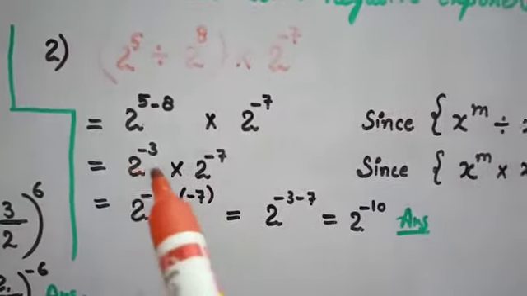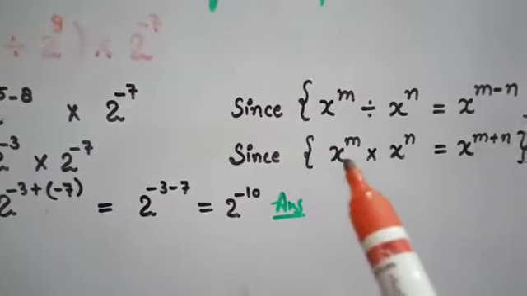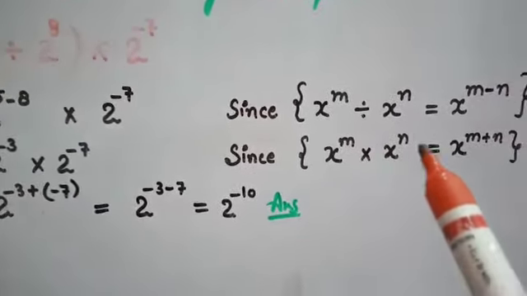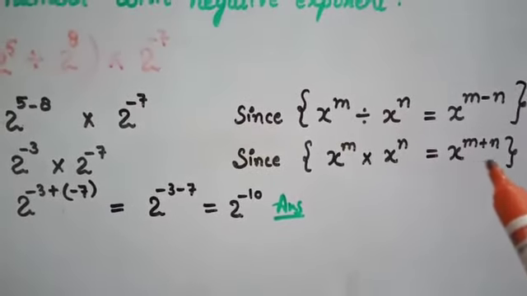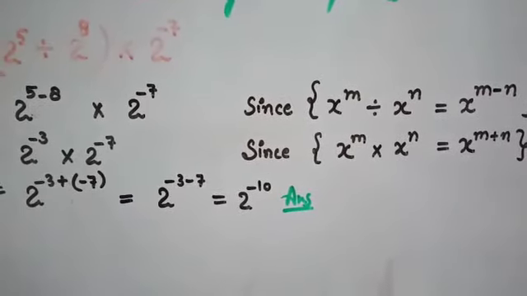And it is in the form of x to the power of m into x to the power of n equal to x to the power of m plus n.